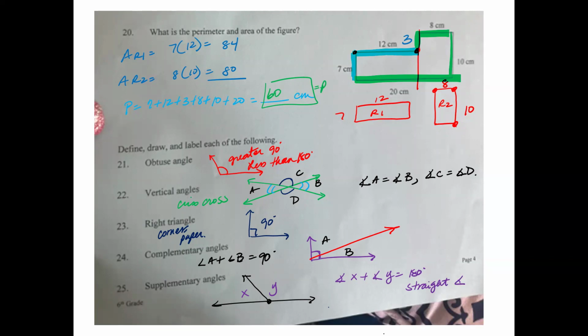Okay? So 2 angles that add up to 180 degrees. Complementary is 2 angles that add up to 90 degrees. Okay? Okay, copy it down. And that's it. That's everything. Do you have any questions? All right, that concludes our lesson today.